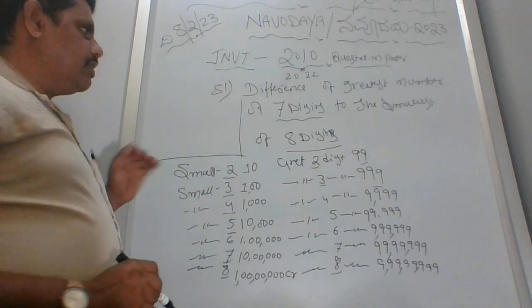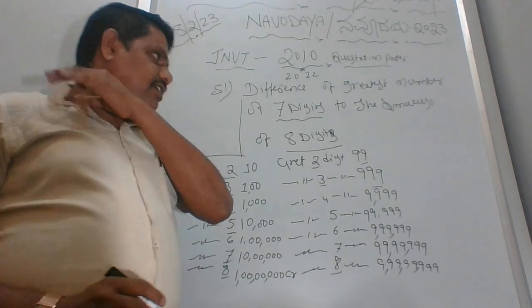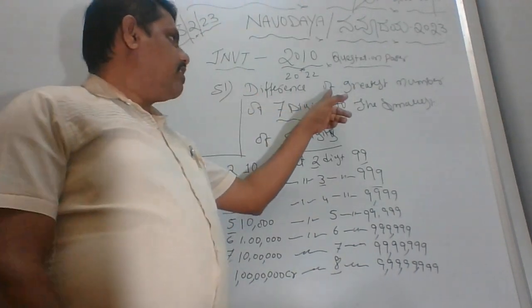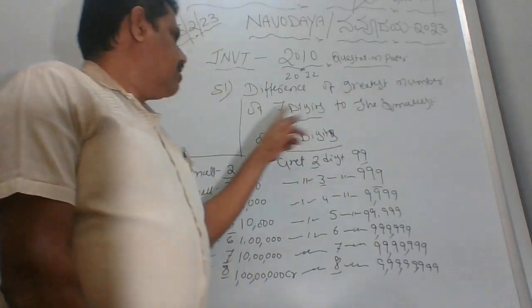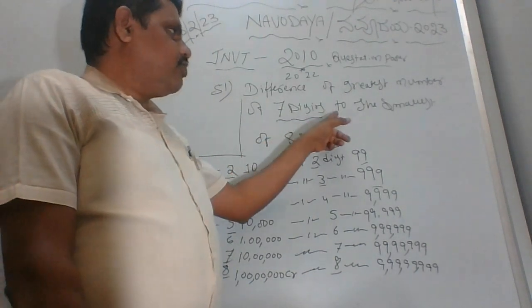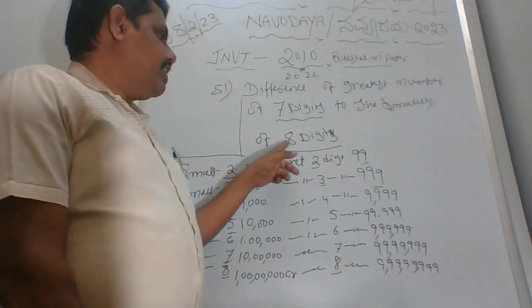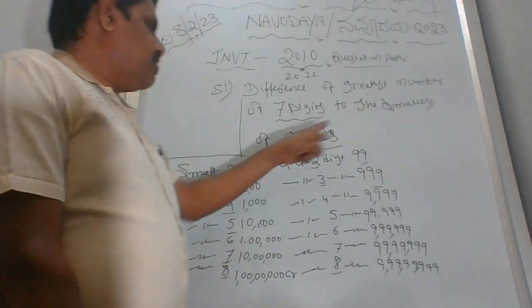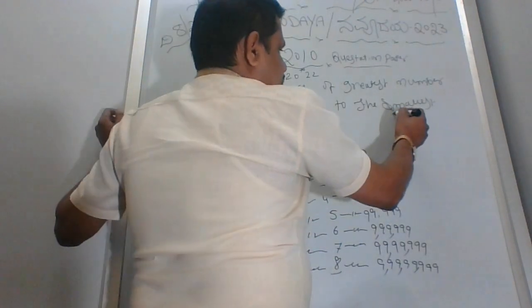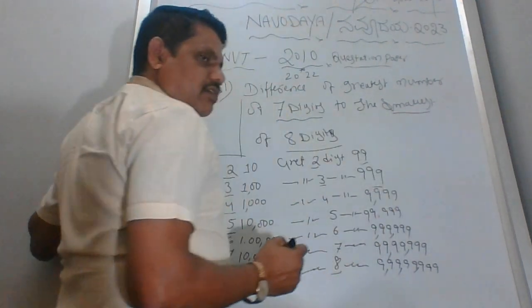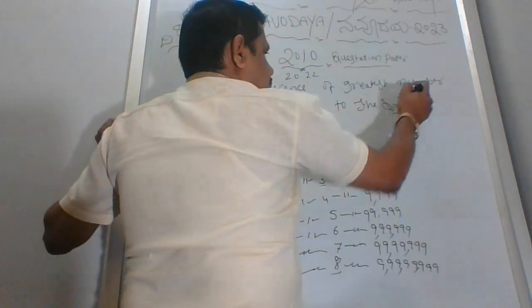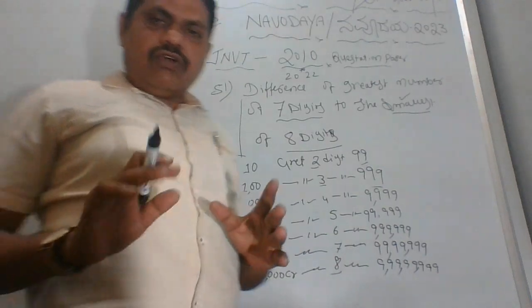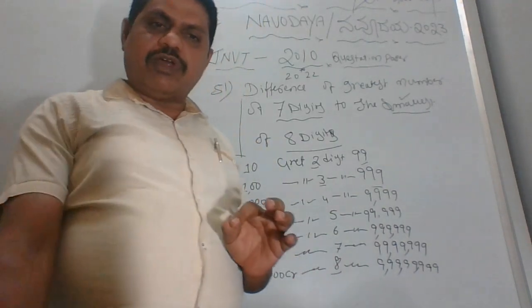Okay, so what does the question say? Difference of the greatest number of 7 digits to the smallest of 8 digits. So what is the smallest of 8 digits? You should think about this first. That's why I usually tell all the students to read the questions properly.